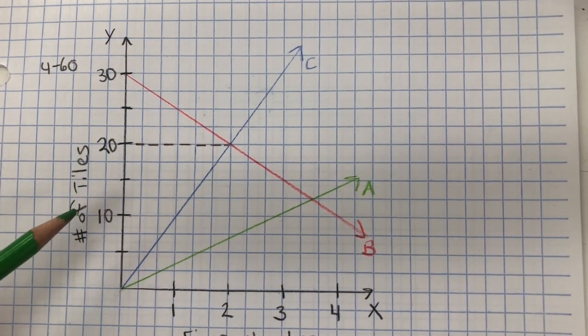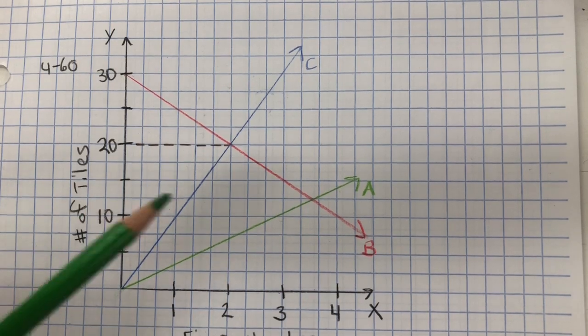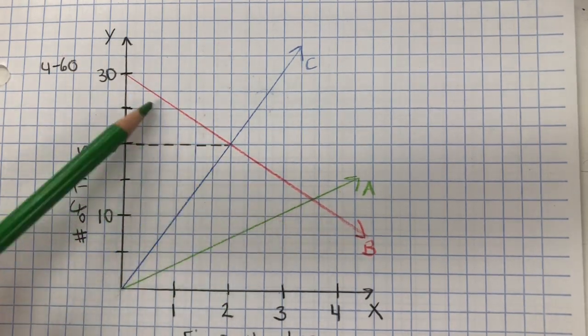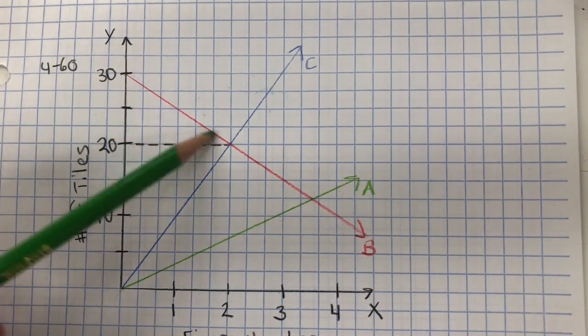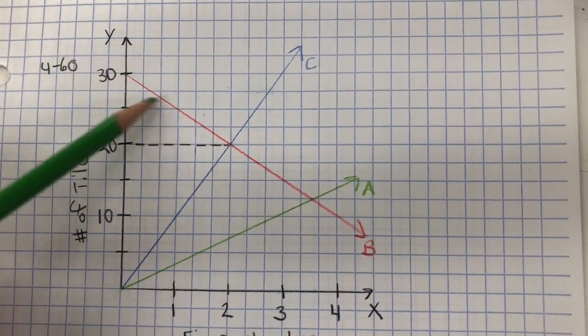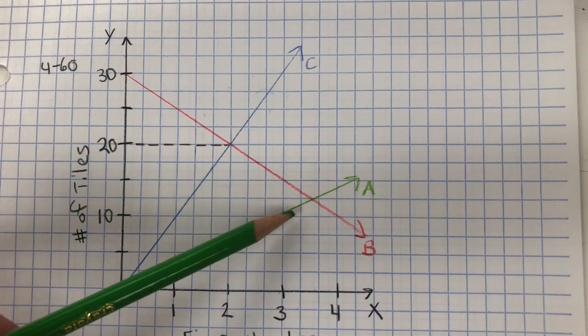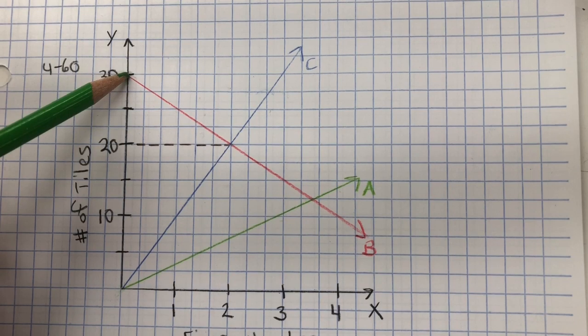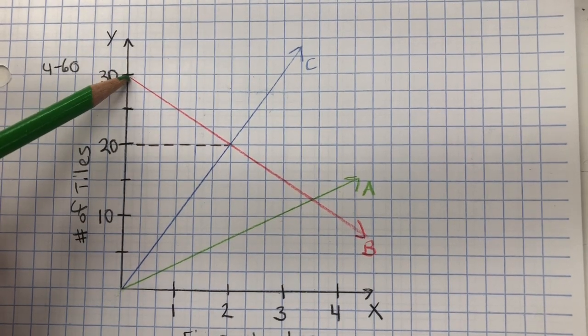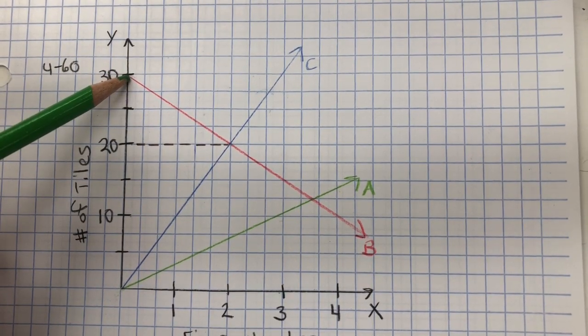In D, you need to write a rule for pattern B. Here's pattern B, and I talked about earlier how it's decreasing. It's losing tiles for each figure number. And we have the starting point, the initial value, the y-intercept, is a positive 30.